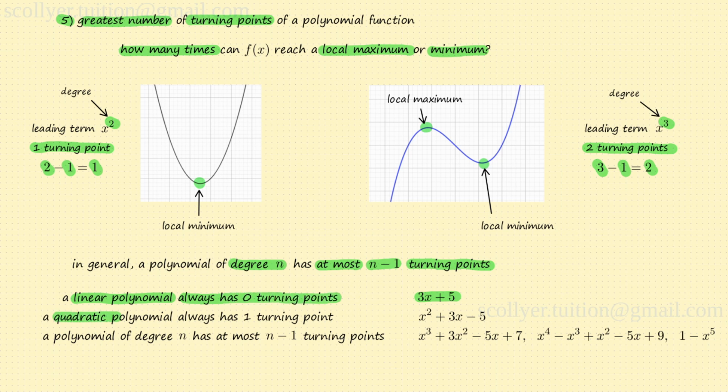A quadratic polynomial of degree 2 always has 1 turning point, and for polynomials of higher degree, like 3, 4, 5, the polynomial has at most n-1 turning points, but it may have fewer than n-1 turning points.